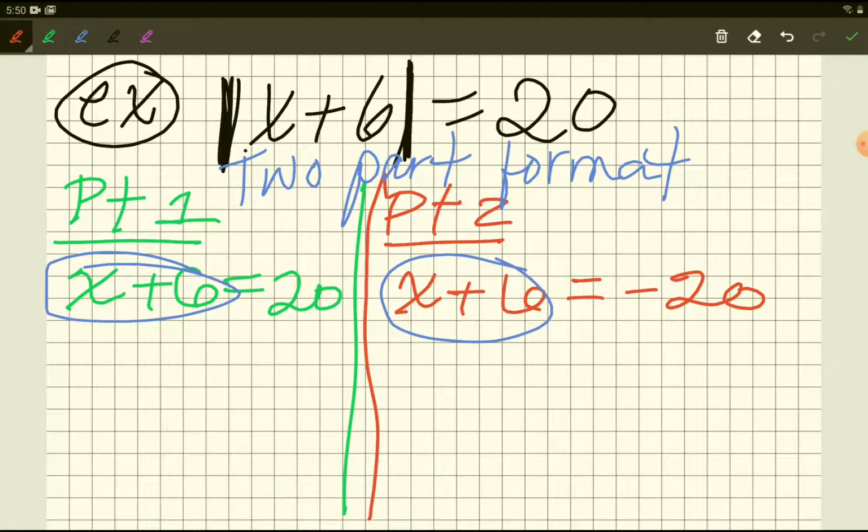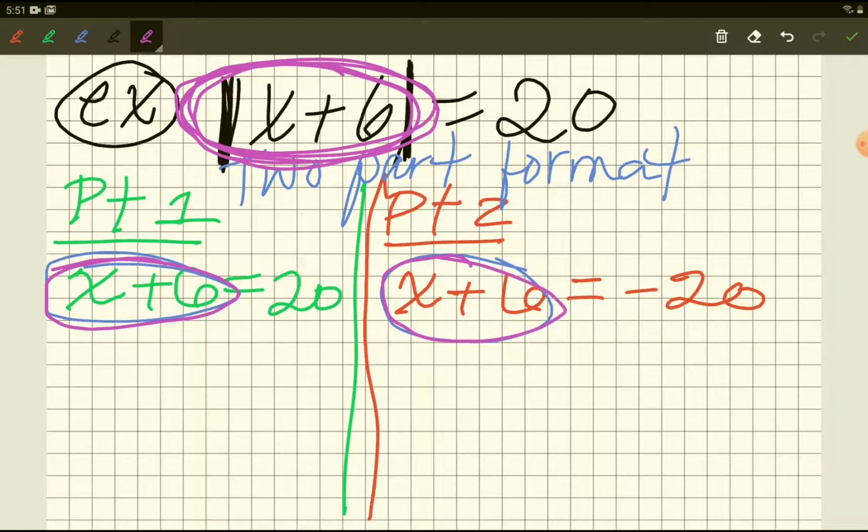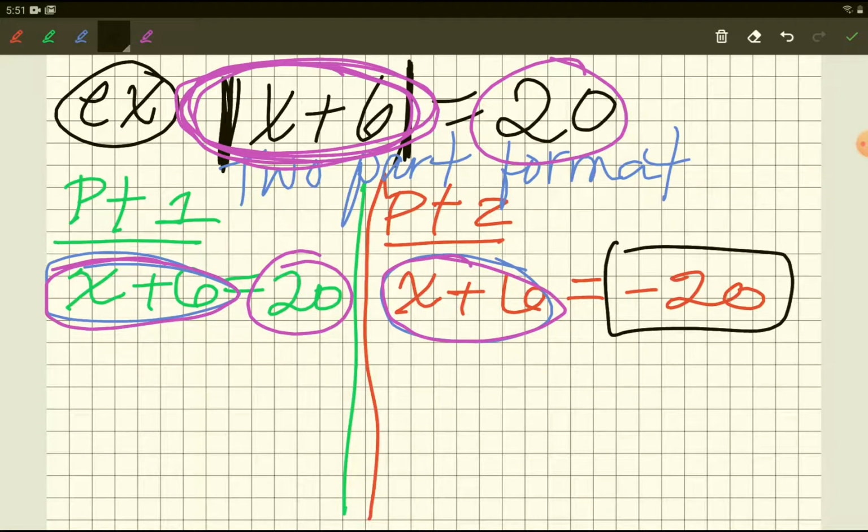The only difference between part 1 and part 2 is not the left-hand side. Nothing on the inside ever changes. In part 1, I kept the right-hand side positive, and in part 2, I made it negative. Everything else stays exactly the same.